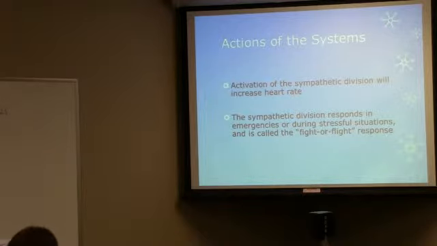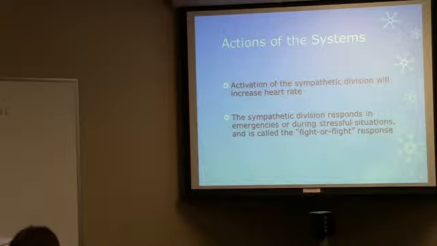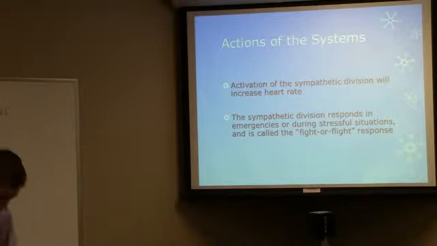So we're talking about increasing your heart rate and that fight or flight, that is going to be the sympathetic nervous system when you activate that. What counteracts that is the parasympathetic. So it's almost like a seesaw. When one goes up, the other goes down. And your body normally tries to regulate this so it's nice and even.